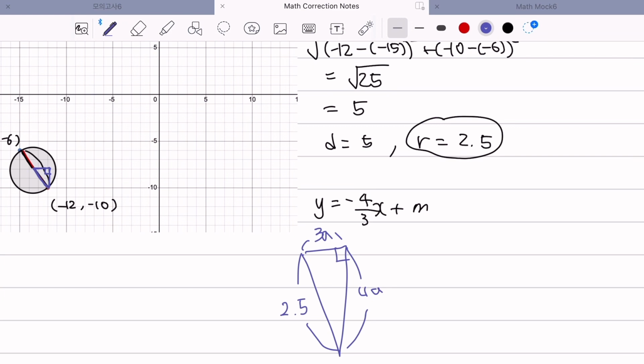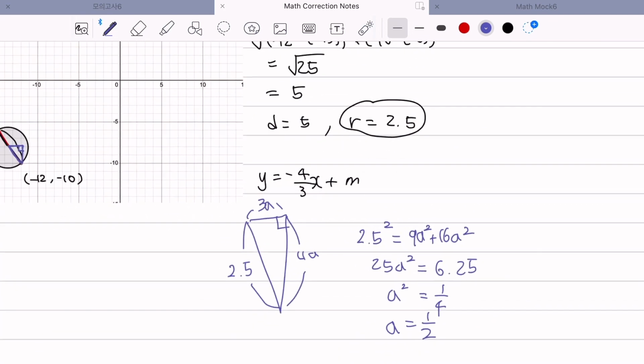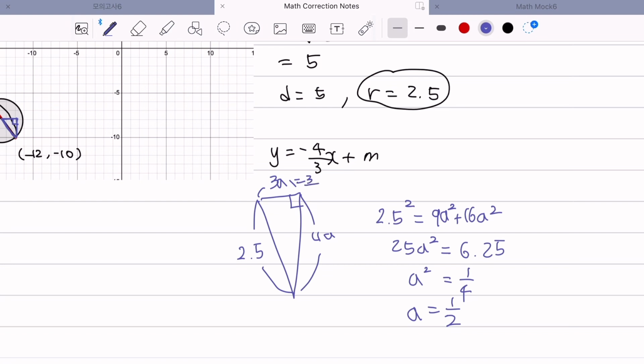And by the Pythagorean theorem, 2.5 squared is 9a squared plus 16a squared. 25a squared is 6.25, and a squared is 1/4, and a is 1/2. So this is 3/2, and this is 2.